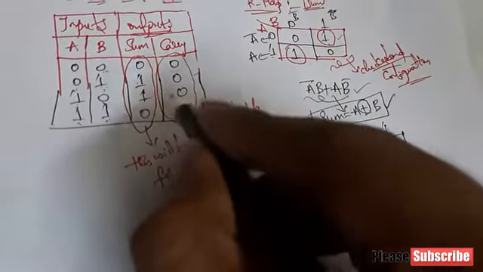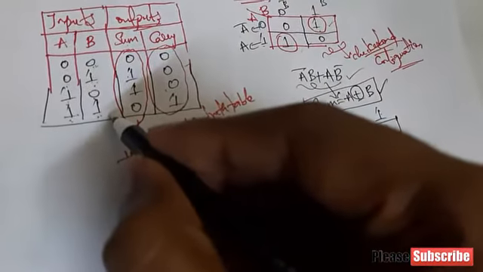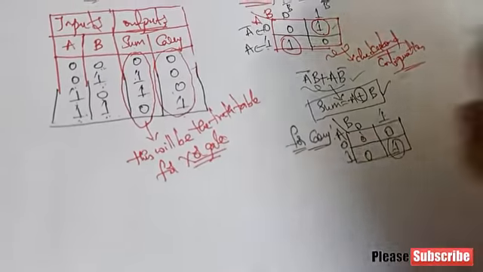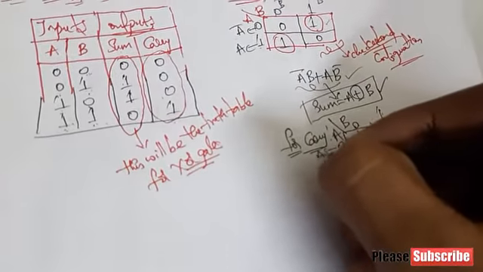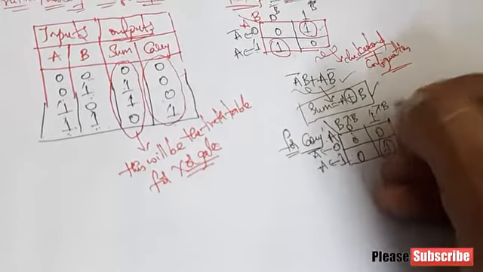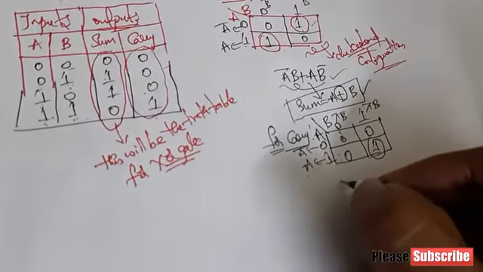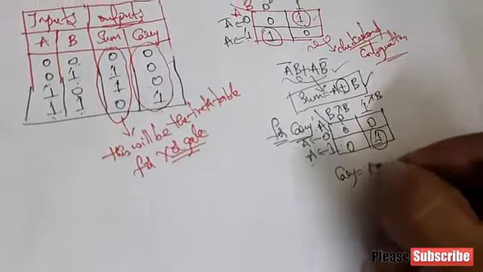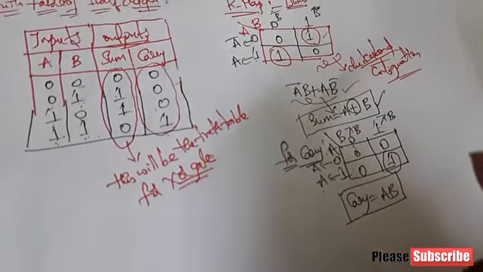For 1, 0 combination, you will get the carry output as 0. For 1, 1 combination, you will get the carry output as 1. This will be A, this will be A bar, B bar, B. Let's see, K-map carry will be A B. This will be the AND gate, right?